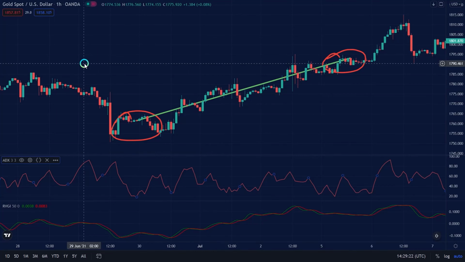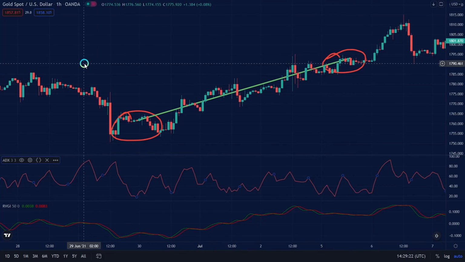And even with a 1000 safety stop loss, we have a very good 1-to-3 risk to reward ratio on this trade. That is just a great edge over the market. Now I hope you understood this exit strategy as well.